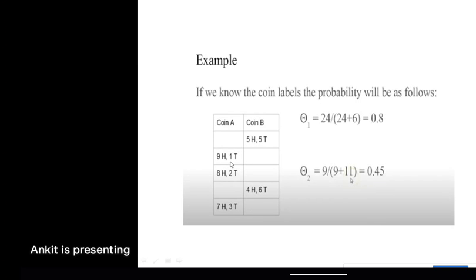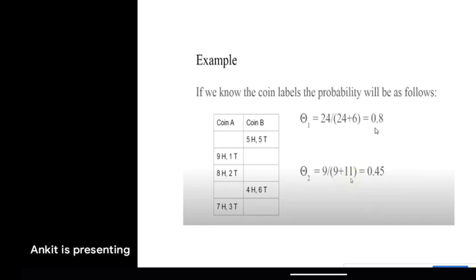How many flips are here? 24 heads plus 6 tails. So 24 plus 6. The result of theta 1 is 0.8. Now for theta 2, the result obtained will be 0.45. So in this manner we have to calculate theta 1 and theta 2 separately.